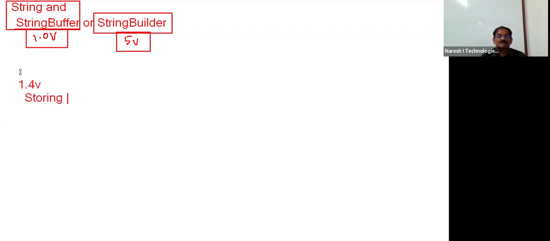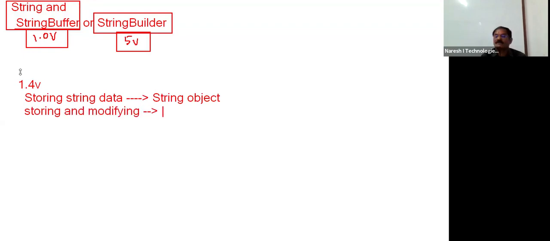My target is storing string data. Then which class do I have to use? String class object. My target is storing and modifying. In this case, which object do I have to use? String buffer class object. Which version? Up to 1.5.